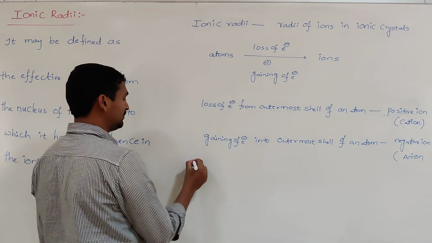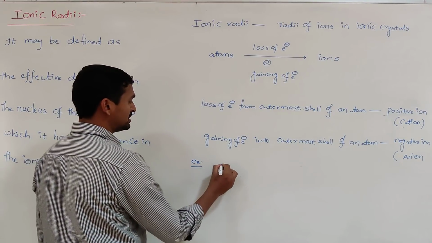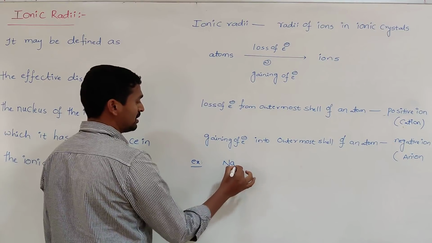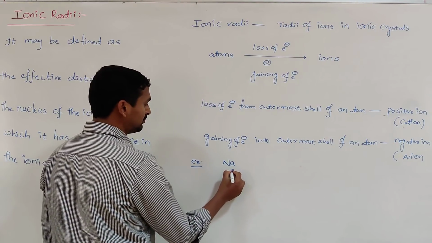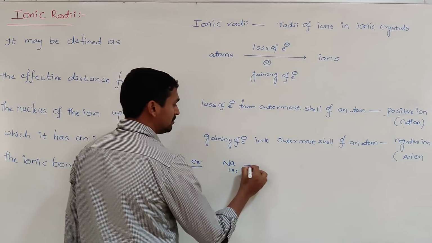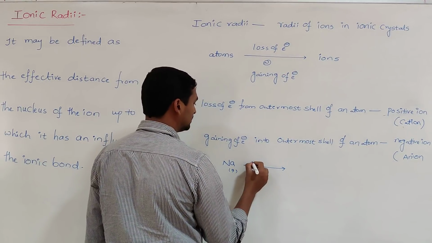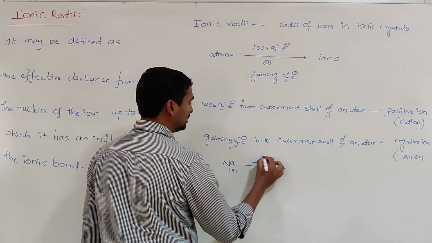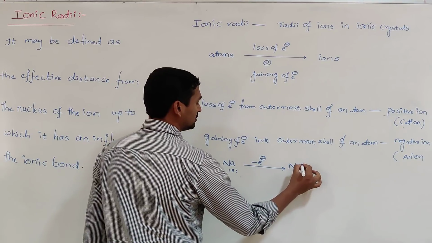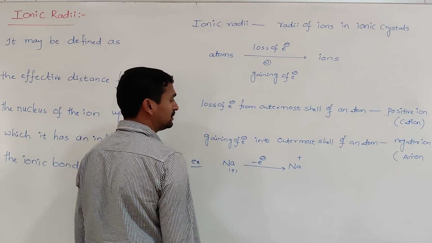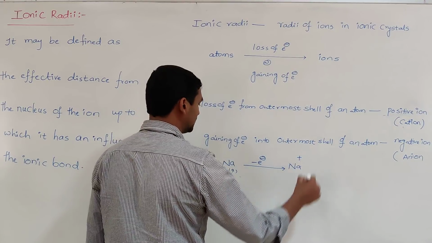For example, sodium, by loss of one electron, develops one positive charge, so it is called a positive ion.